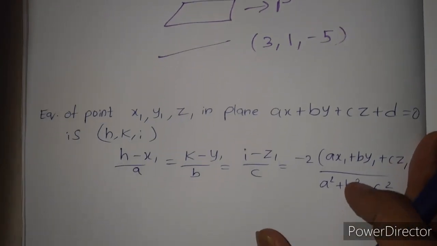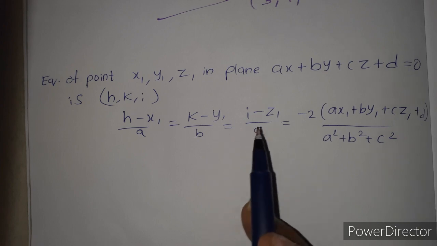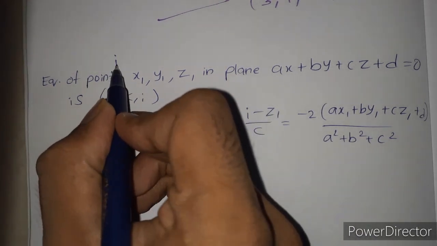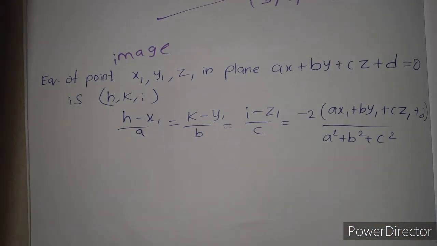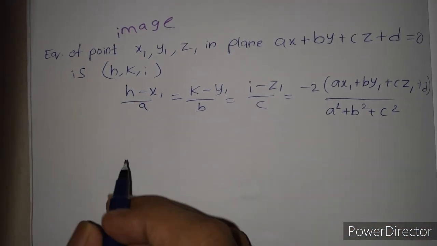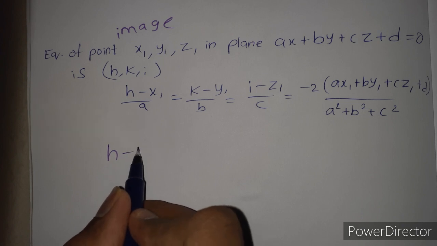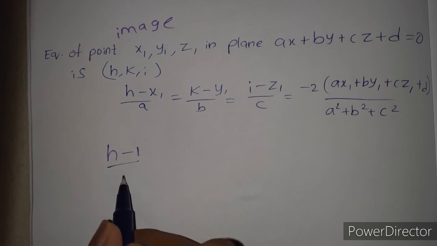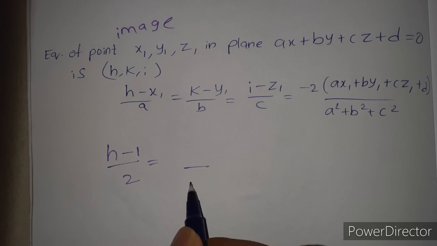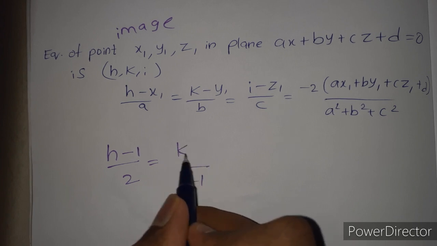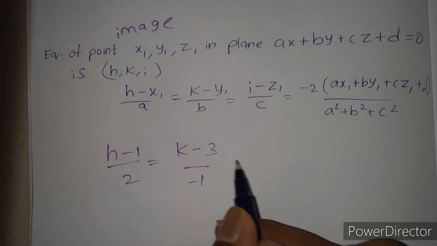We know the formula. The equation of the image of a point with respect to a plane is, this is the formula. So when we substitute h minus 1 by 2 is equal to k minus 3 by minus 1 is equal to l minus 4 by 1. It is passing through 1, 3, 4, right?